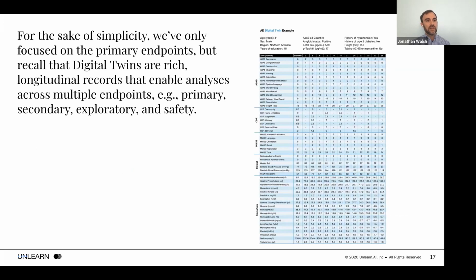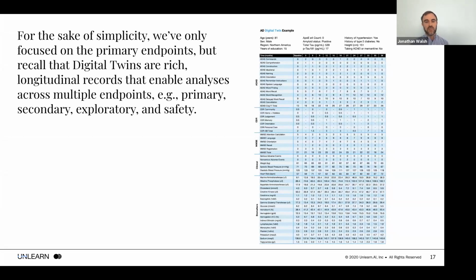So I've talked about primary outcomes, ADAS-Cog11 and CDR sum of boxes, but there are other outcomes in a clinical trial, not just primary endpoints, but secondary endpoints and safety endpoints as well. There's a lot more to digital twins too. They're rich longitudinal data that enable a broad set of analyses and trials, even safety.